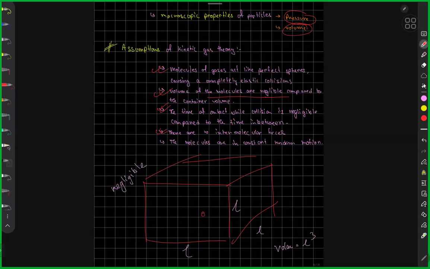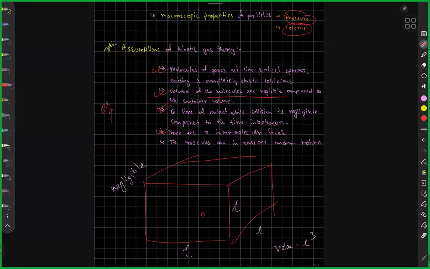You will later see in the thermodynamics chapter that we define internal energy of any substance, any gas, with respect to how much heat is provided to it and how much work is done on it. So we ultimately only consider the internal energy of gases with respect to the temperature it has. I will show this to you later on as well.